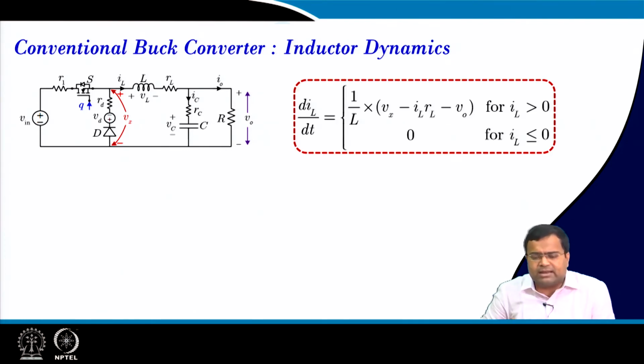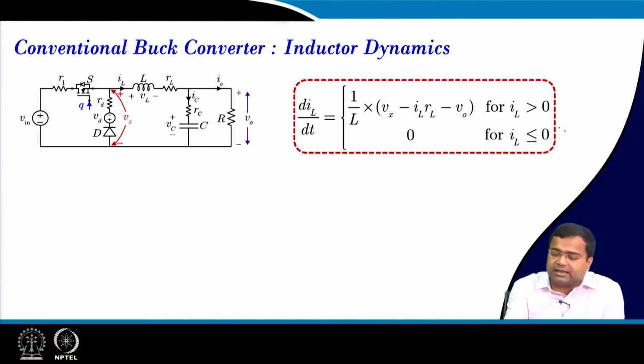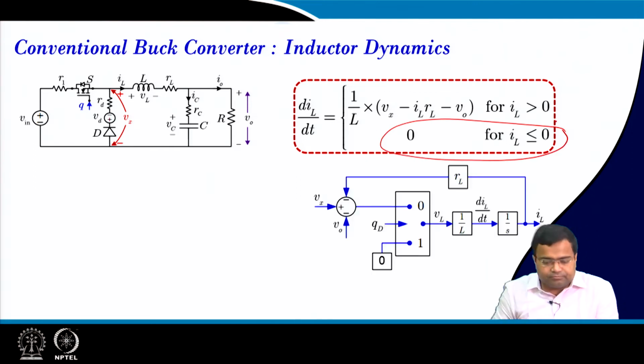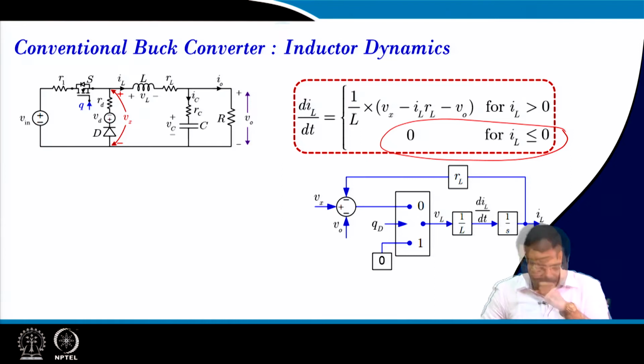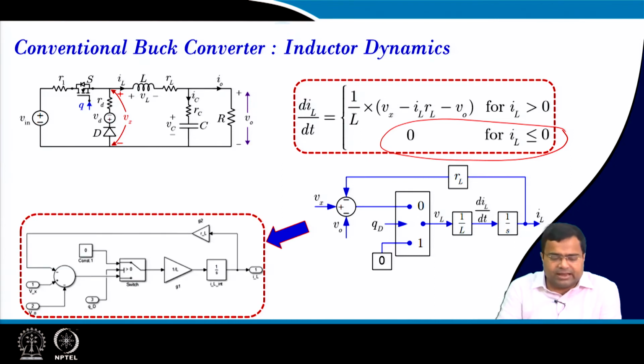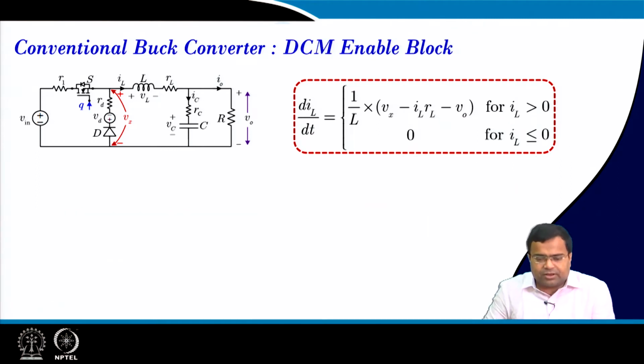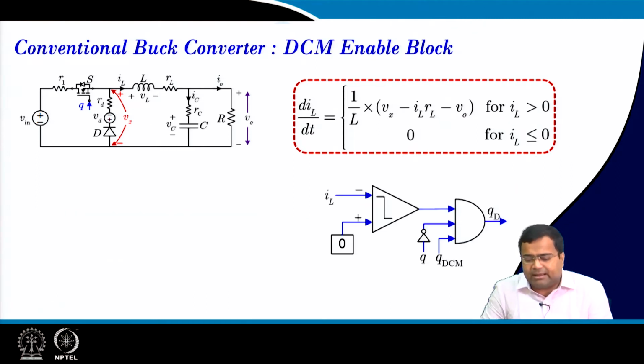Similarly, if you go to inductor current dynamics, we can write dIL/dt = 1/L, and this particular term is incorporated to enable the DCM operation, and it can be realized by this. You can get the complete block diagram using this architecture. So this is the DCM enable block.